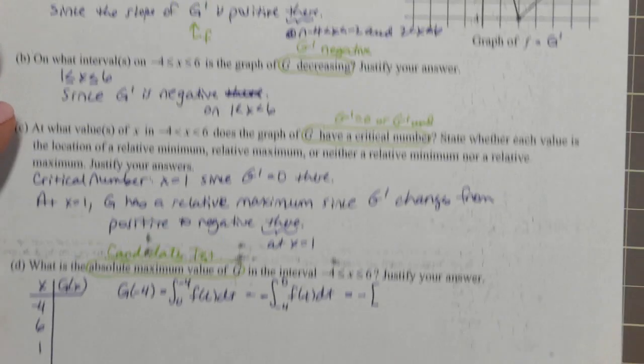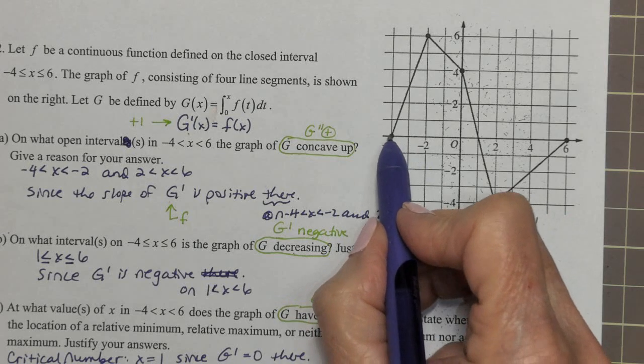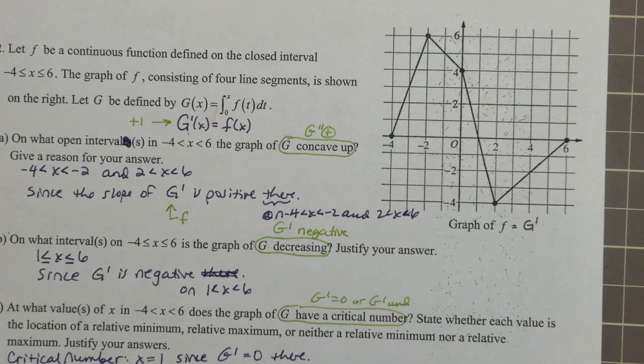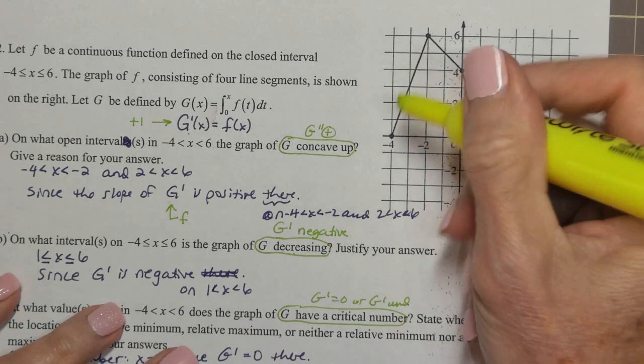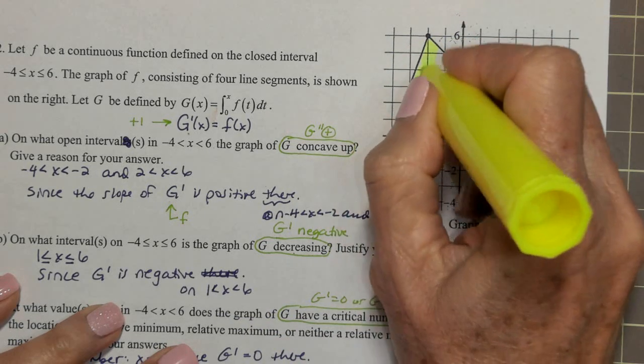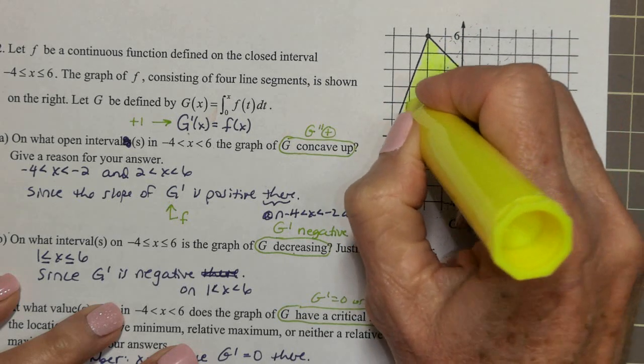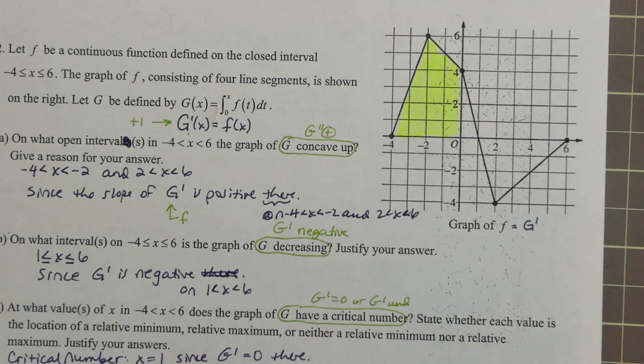And for that, I go to my graph. I want the area from -4 to 0. And from -4 to 0, it's this area right here. It's that area right there.